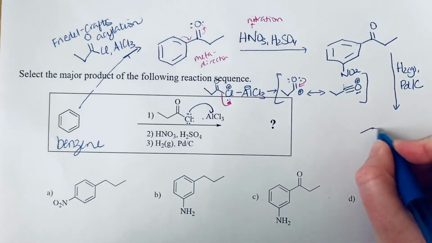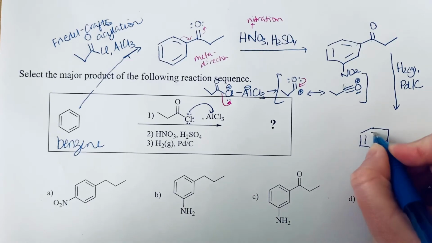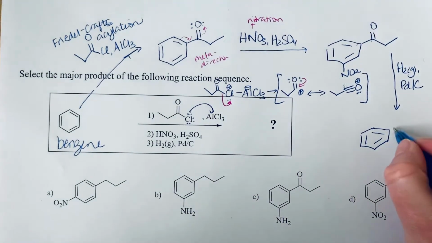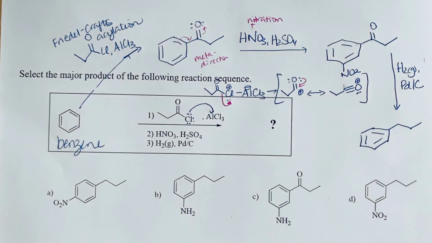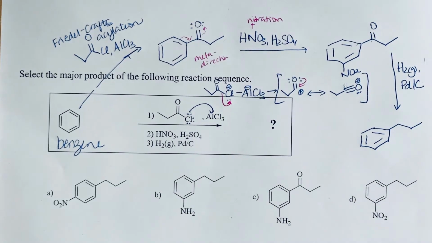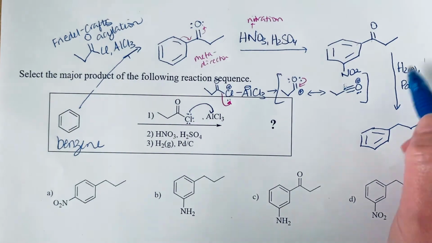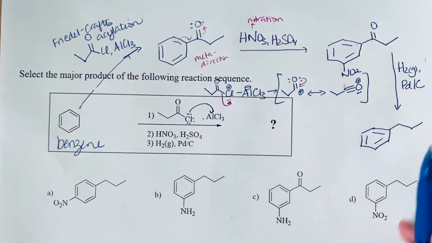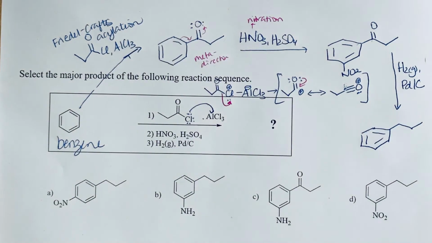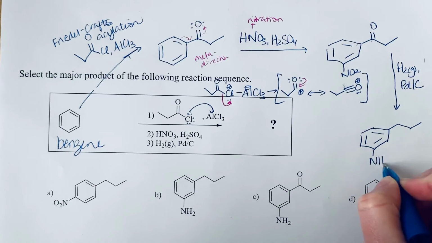And with that aromatic ketone, hydrogenation actually completely removes the carbonyl. So this sequence of acylation then reduction is a nice way to get a straight chained alkyl group that we wouldn't be able to access using alkylation. That is a handy trick for adding a straight alkyl chain. And then the nitro group would be reduced to the amine.